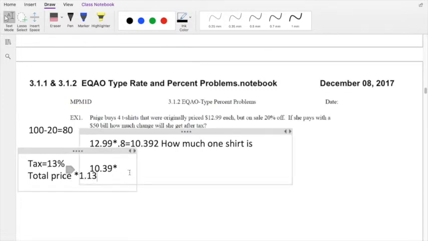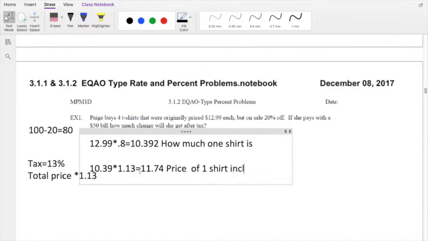And that'll give us our final price right away. The 1 is like 100%, as in we're going to add 13% to this number. It's going to all go in one shot. So we're going to go 1.13 equals 11.74. Right? So that's the price of one shirt, including tax.